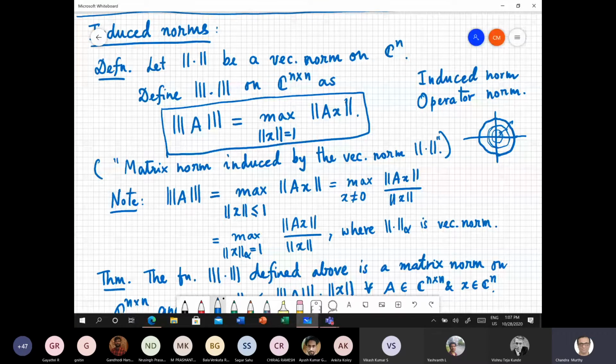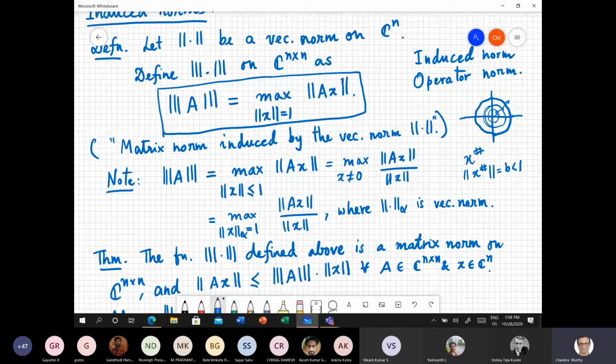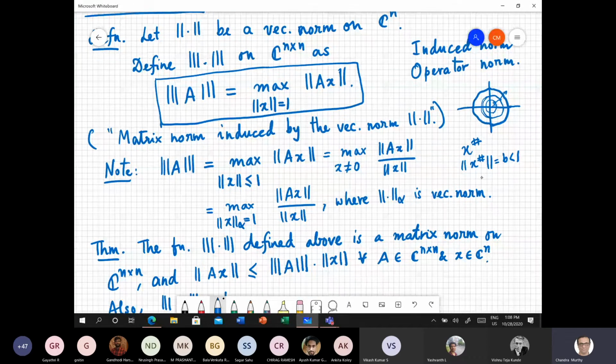So if, when you solve this problem, you say my solution is some particular x hash such that norm of x hash is equal to some value b, which is less than 1, then the maximum is happening at an interior point. Then I can propose a better solution.